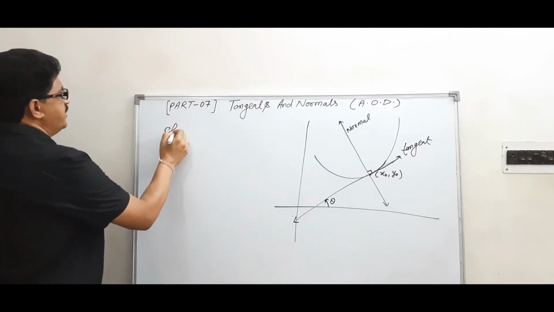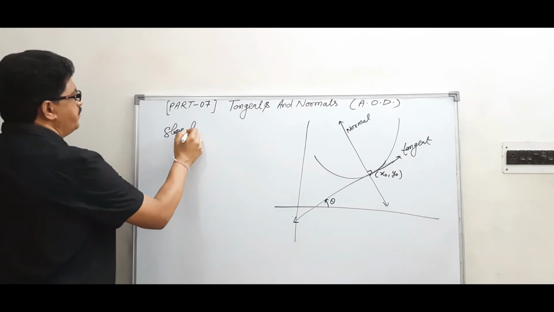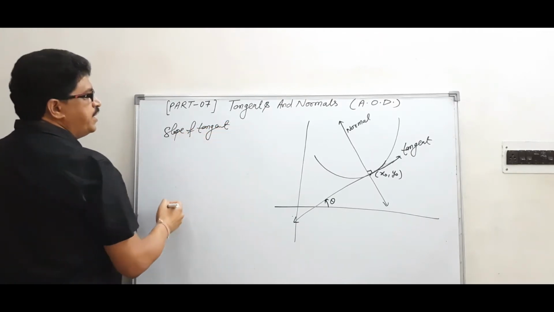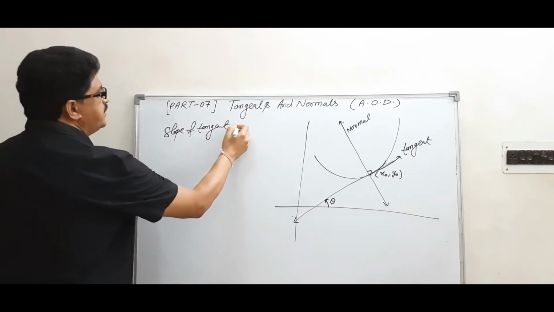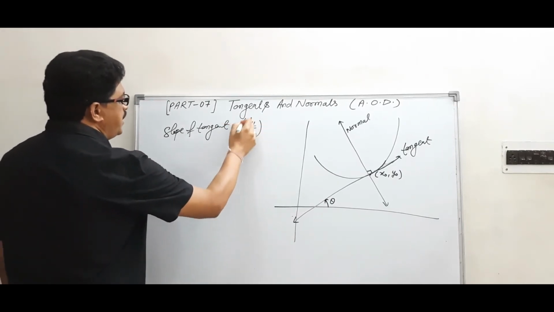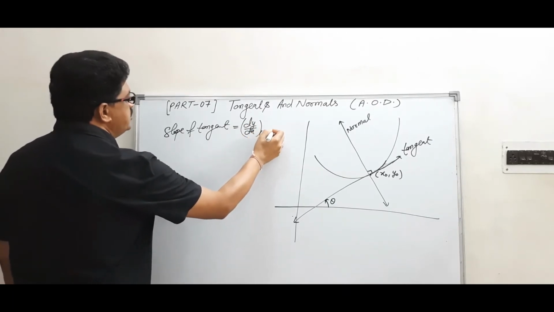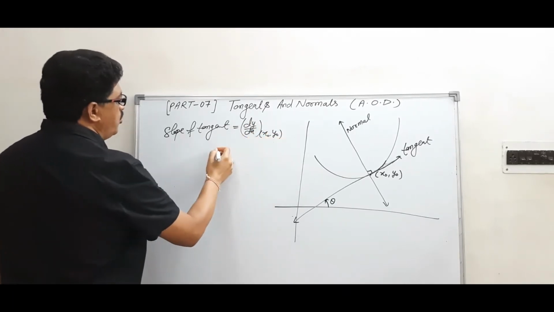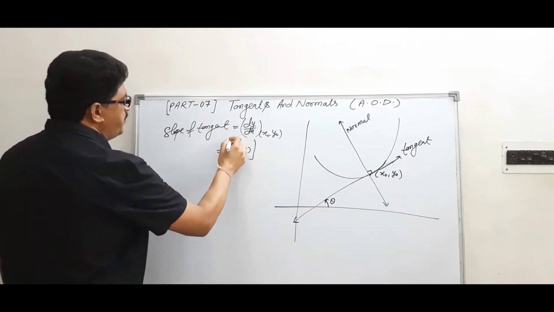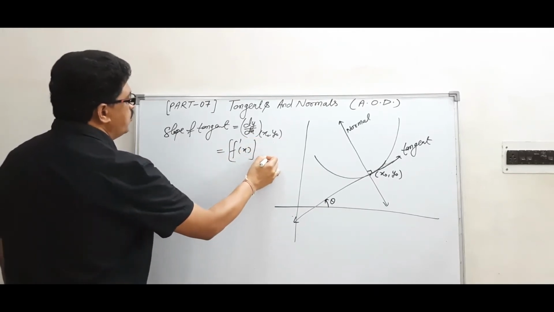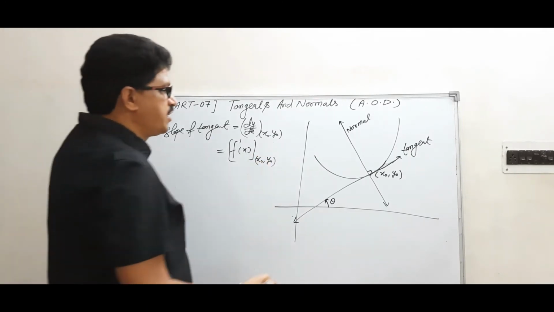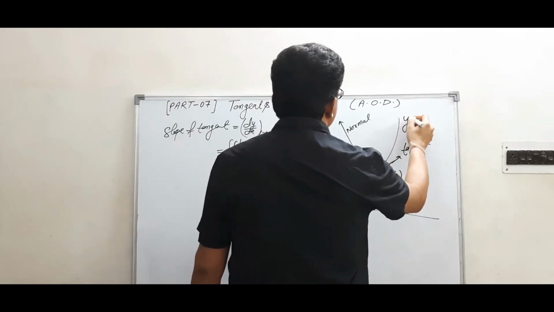Slope of tangent is dy by dx at the point x0, y0, or f dash x at the point x0, y0, and the curve is y is equals to fx.